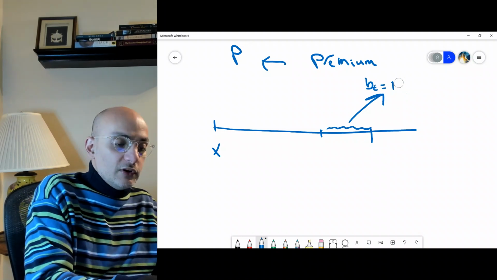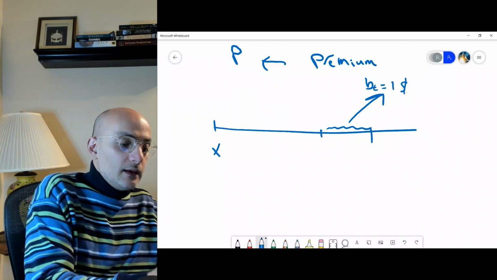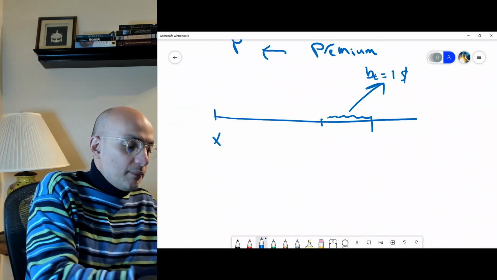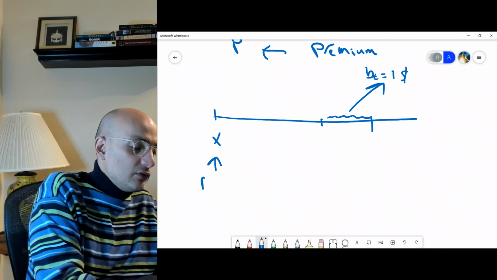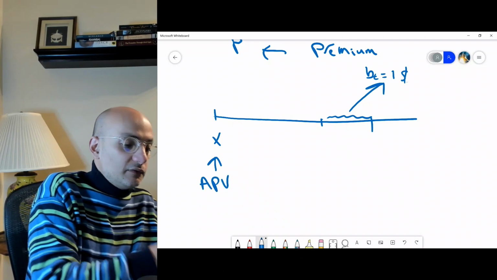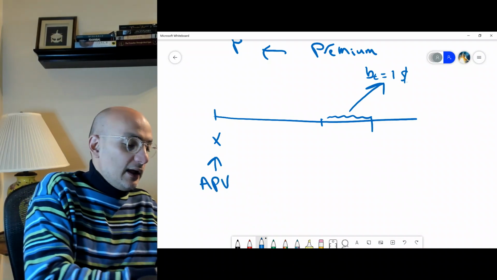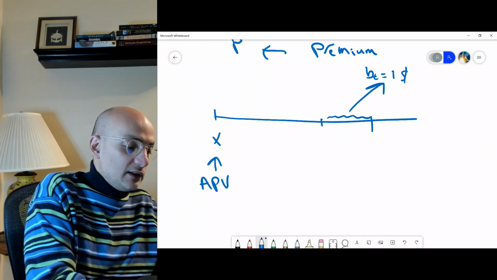You get $1, right? And what we did in the past, we calculated the actuarial present value of this $1, and we calculated it to be Ax.